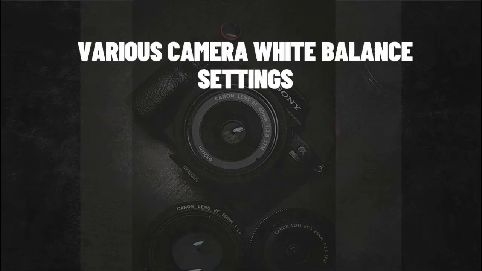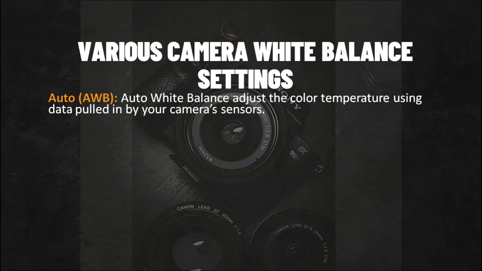Okay, so there are various camera white balance settings, and the first we want to look at is the auto white balance. The auto white balance is the setting where the camera actually adjusts the settings for you, and this is done with the data that the camera picks from the camera sensor. There is a drawback to using auto white balance.